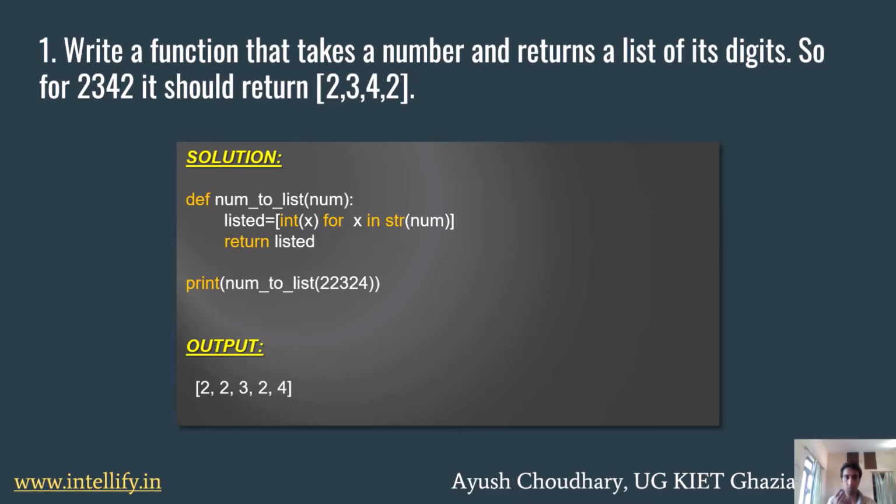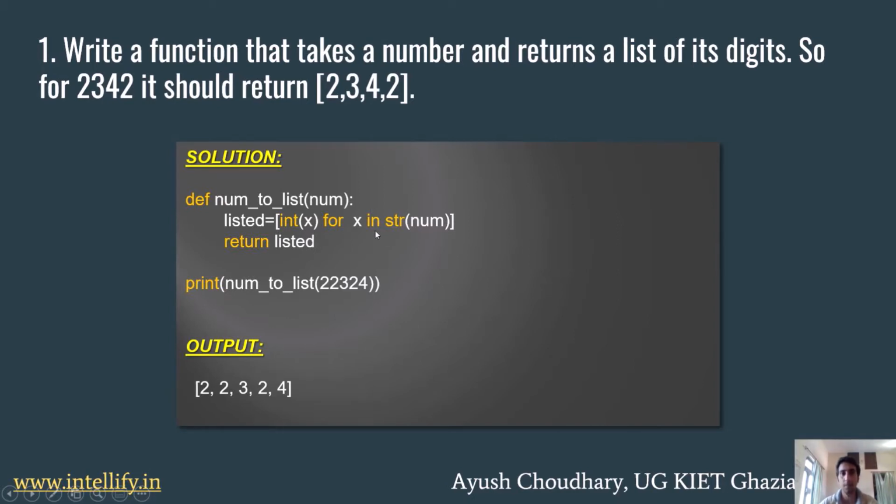of a list. In this case, the solution is that we will define a function num2list and pass in a number as an argument. Here we are simply converting each element.